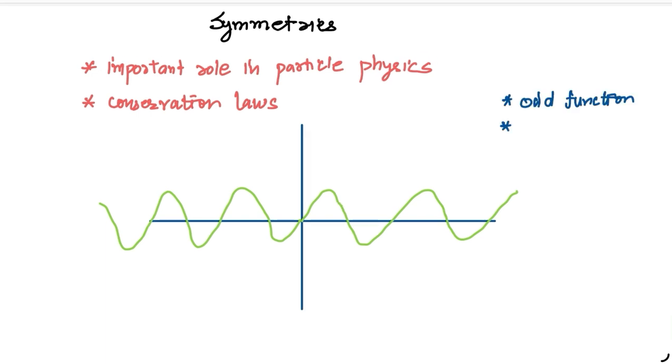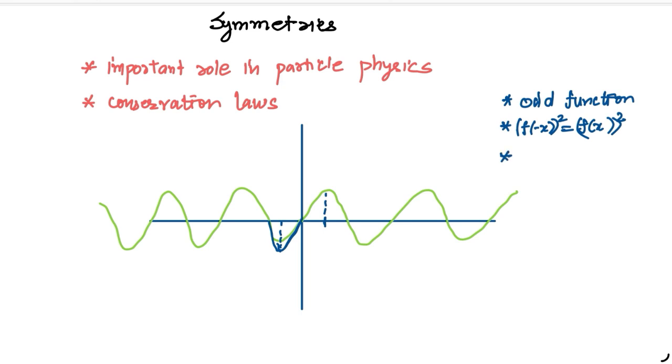The other thing you can look at is the value here and here: f of x and f of negative x are going to be the same if we take the square of this.